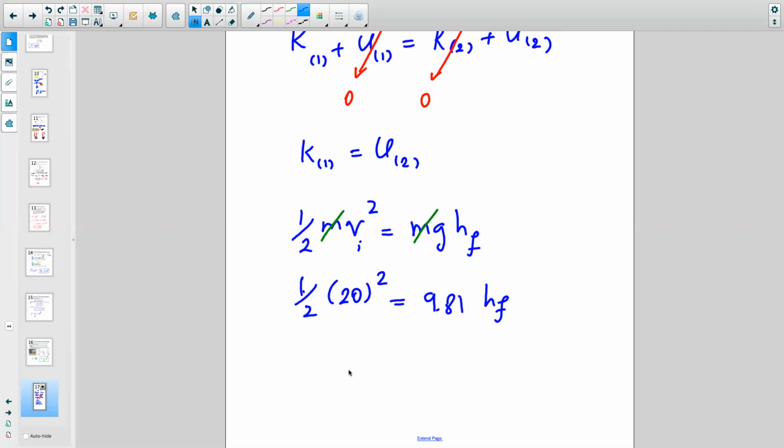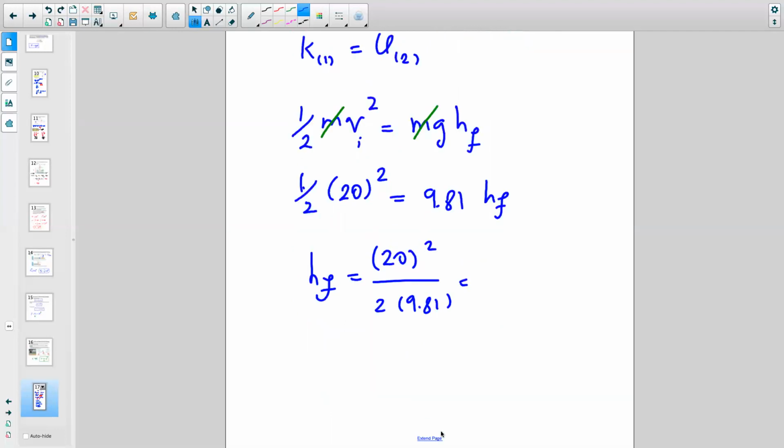If I solve for h final, I will have 20 to the power of 2 over 2 times 9.81. 20 to the power of 2 is 400. 2 times 9.81 is close to 20, so I'm just going to use 20. This means you have about 20 as your final height, 20 meters.